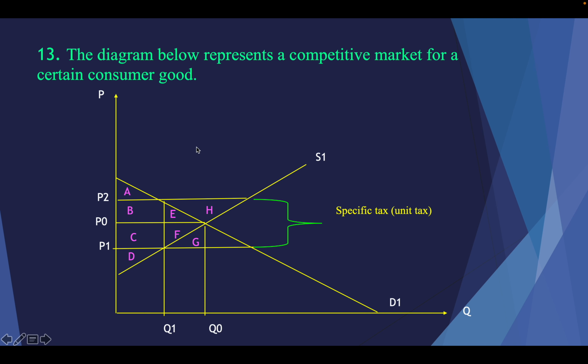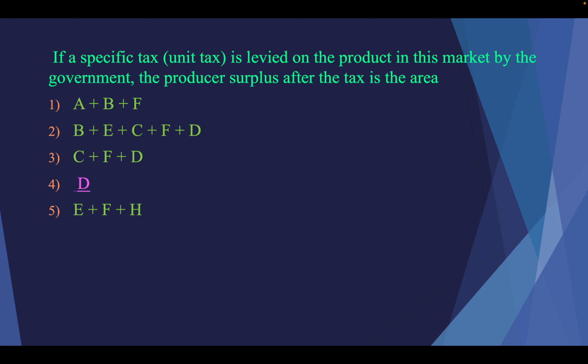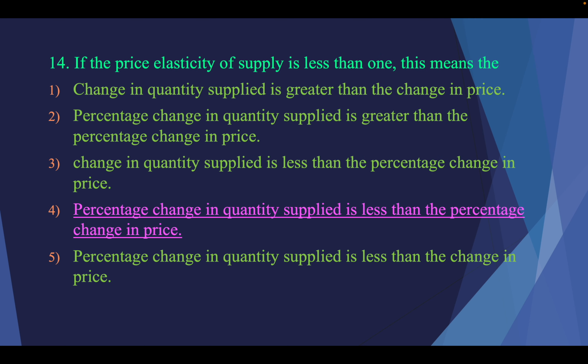So after the tax, EF is dead weight loss, because after Q1 we cannot take, and C goes to the government as government revenue, and after the tax the producer surplus is D. Okay, this is the way to find out, after the tax and before the tax, the producer surplus, consumer surplus and the government tax revenue. Then producer surplus after the tax is D.